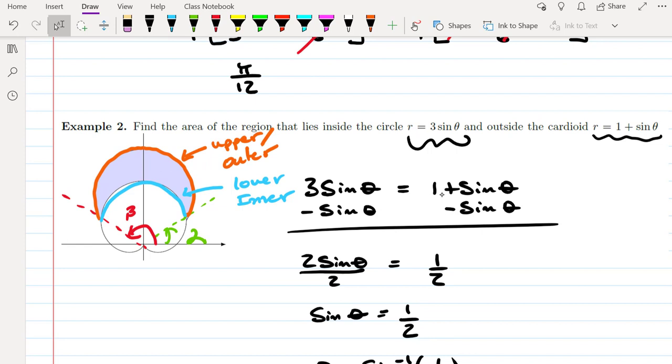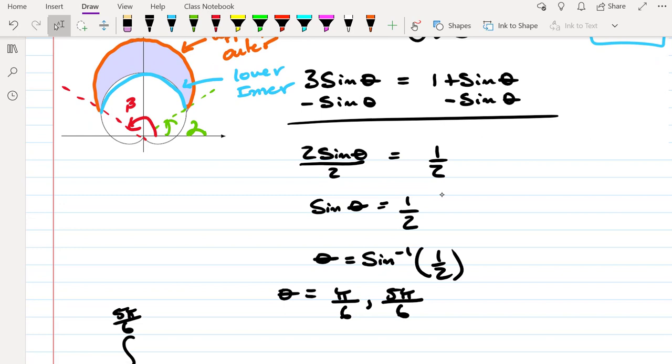So our cardioid is this guy over here, 1 plus sine theta, and the circle is r equals 3 times sine theta. So we're going to end up with this being our outer and this being our inner.